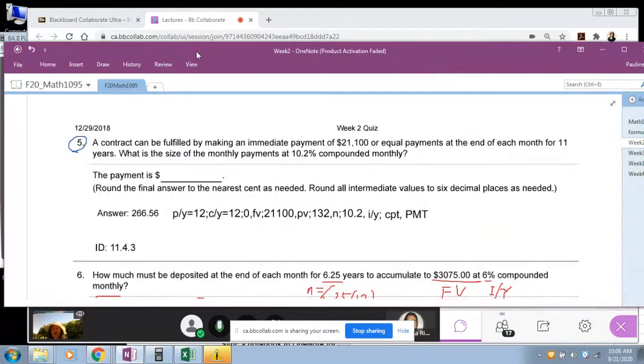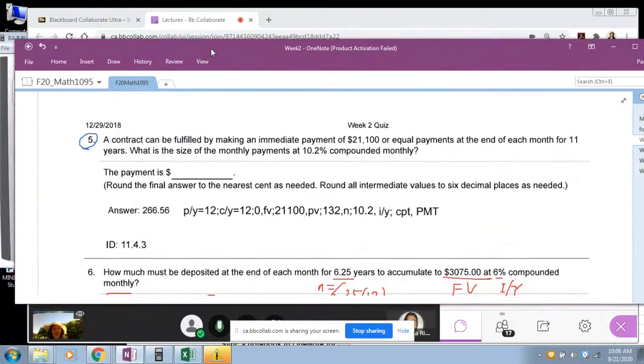All right, so this question, I will do two methods. One, calculator. Two, formula. Because you already have a chance to read the question, I'll go briefly. A contract can be fulfilled by making an immediate payment of 21,100. So this is the PV, present value.